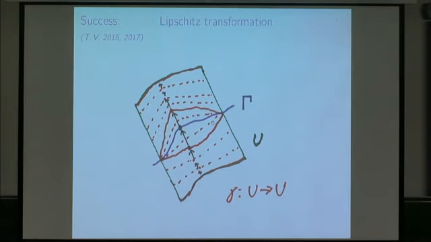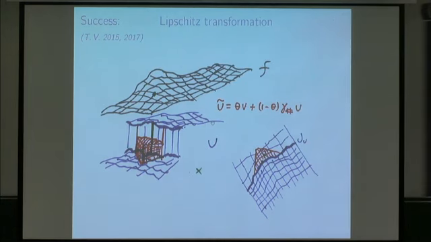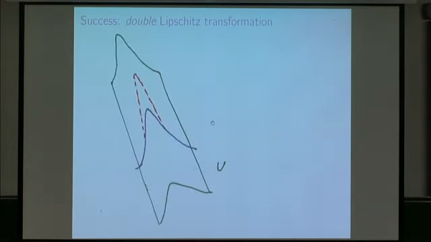So this is a Lipschitz transformation of the domain. And then what I do is I push forward the supposed solution U by this transformation, and I also need to do some convex combinations to make a small change. And now I think this might work. It doesn't quite work. There are still some difficulties.